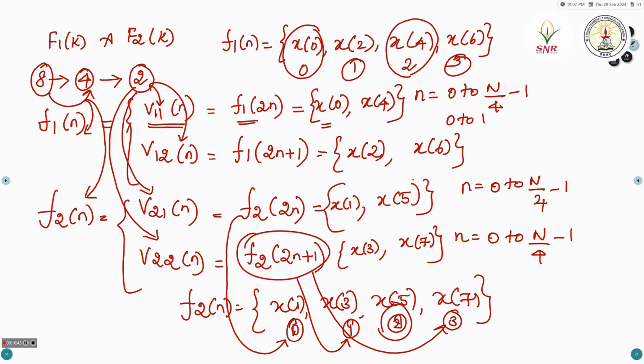So now the input order has been changed as x of 0, x of 4, x of 2, x of 6, x of 1, x of 5, x of 3 and x of 7. Similarly, the output is also derived as per the procedures we have seen in the derivation of f1 of k and f2 of k. Likewise, the input has been reversed in decimation in time domain.